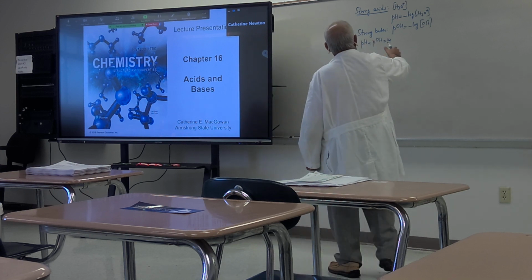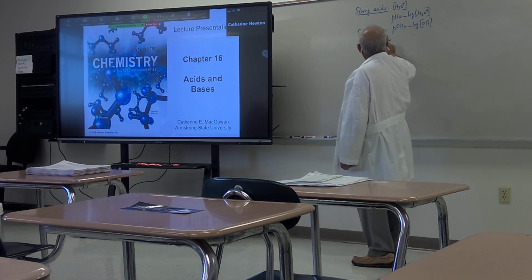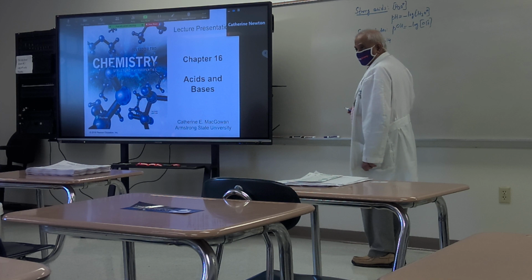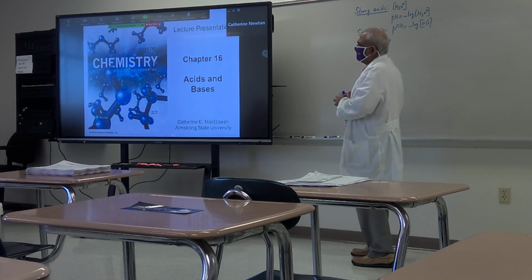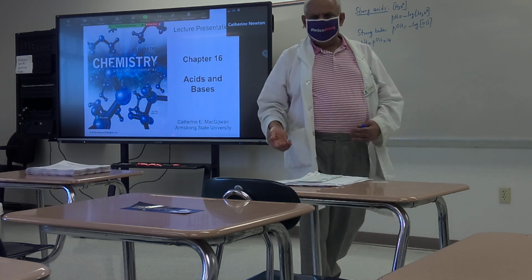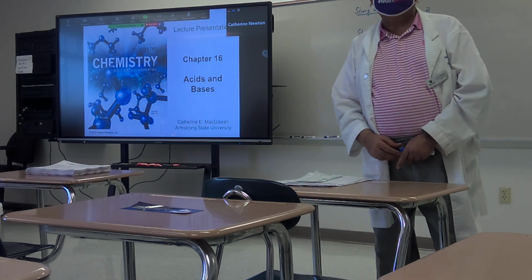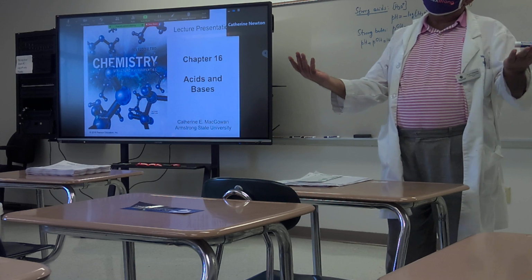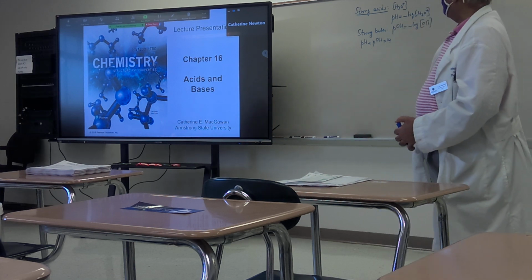If you know pOH here, put that value here, you will get a pH. Okay? So for the solutions of strong acids and strong bases, there is absolutely no problem. We can directly calculate the pH using these formulas.